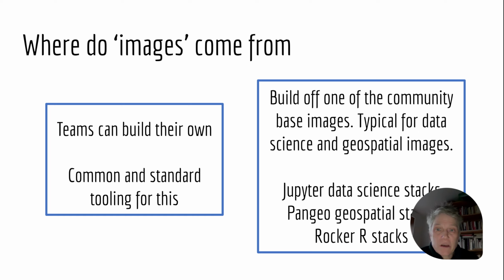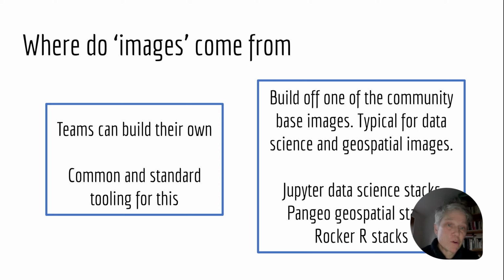These images, where do they come from? You can build your own. Docker images are not that hard to make. Nowadays, you just look up somebody's Dockerfile, you can see how it's done. The more complex ones are a bit harder to set up and have them build so they're not too enormous. And these are typically community developed base images, and so there are people who spend a lot of time making sure the image is good and stable, and then a very large community will use those images.